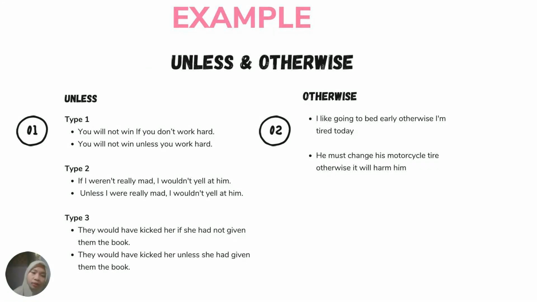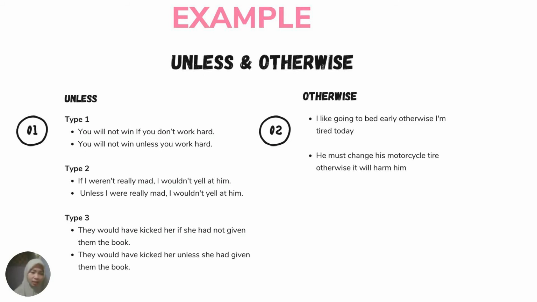Let's take example sentences for unless and otherwise. First, for unless. For type 1, type 2, and type 3, in this slide, the formula is still the same as the previous examples. So for type 1, we have: you will not win if you don't work hard.